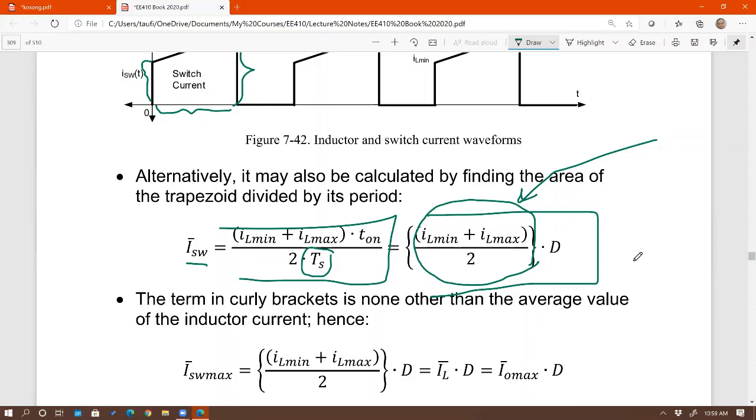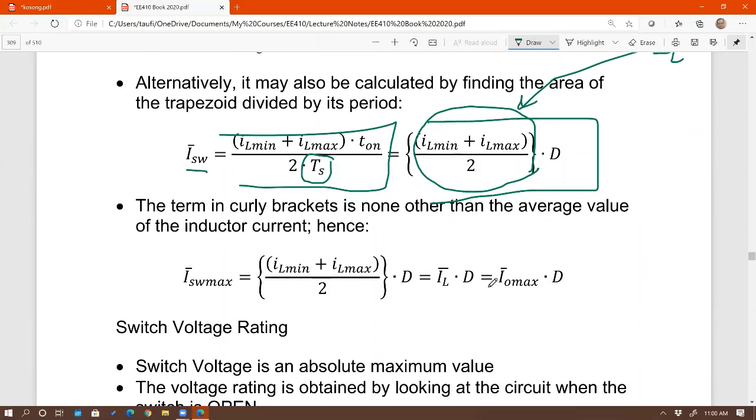The inductor current. We know that part of the equation is none other than IL average. So now I can replace that portion with IL average right there. It turned out to be that the average current through the switch is equal to IL average times duty cycle. And for a buck converter, you can replace IL with I out.